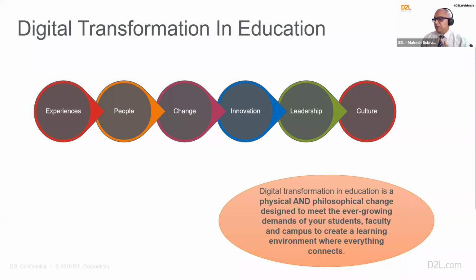That's where I believe innovation comes in, because we need to keep pace with what's happening in the outside world. When you are partnered with an application like Brightspace, you are confident that you are getting the latest technology, the latest capability. And like I said, because we are a learning company, we also focus on making sure that learning is the center of all innovation that happens on Brightspace.